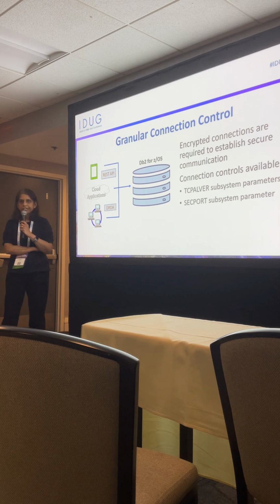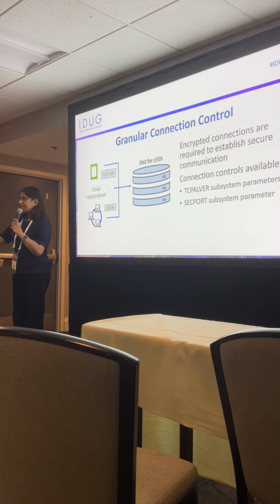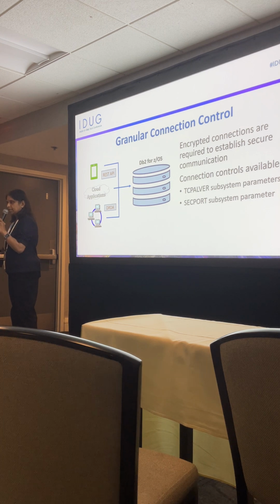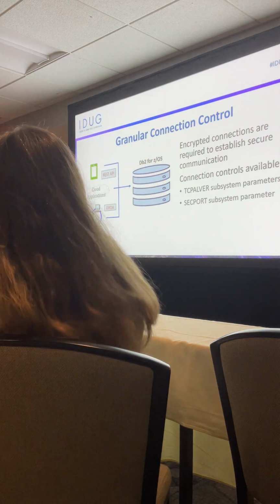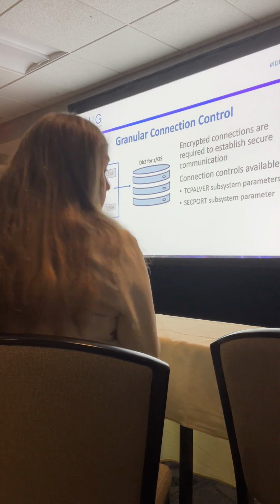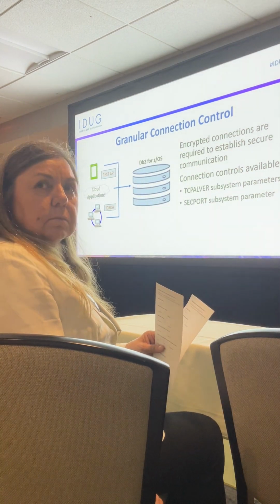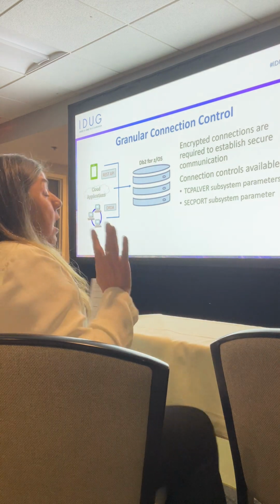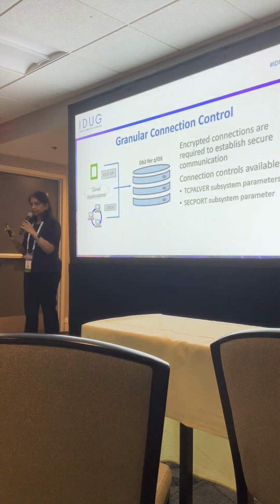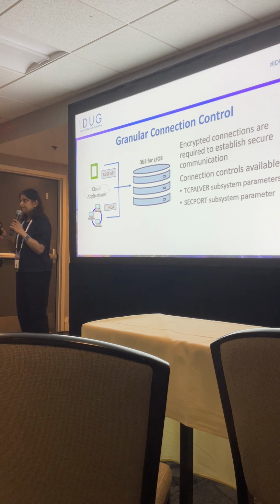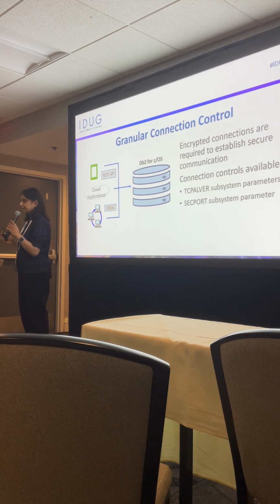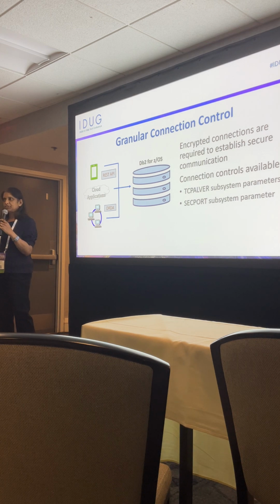However, setting up that secure communication and migrating your applications to use it could be a challenge, because a lot of different setup is required. You have to set up the server side with your network configurations, the RACF security side with the certificates, and you have to do it at the client side. So there are multiple different configurations required.